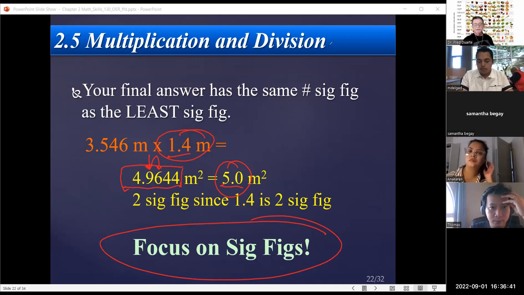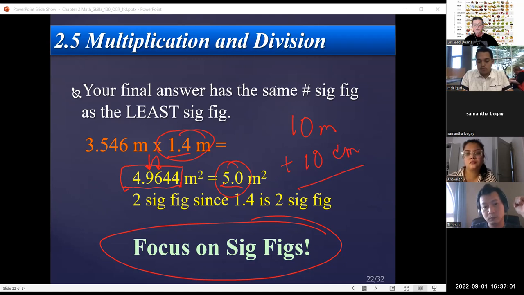The other aspect is this: when you add and subtract with respect to units, you have to have common units, right? I mean, if I was 10 meters plus 10 centimeters, could I add that together?